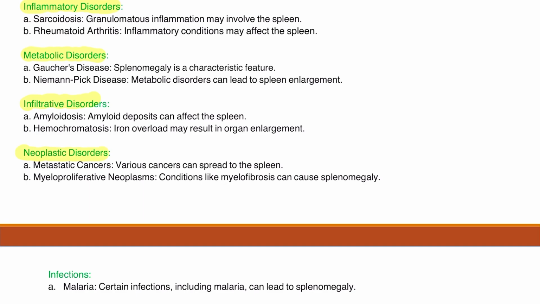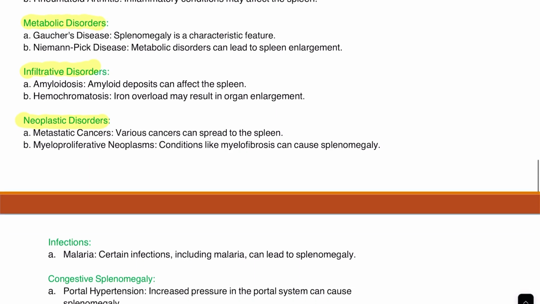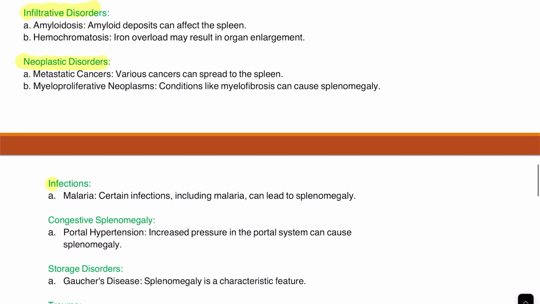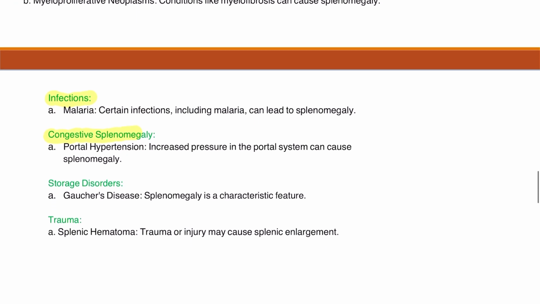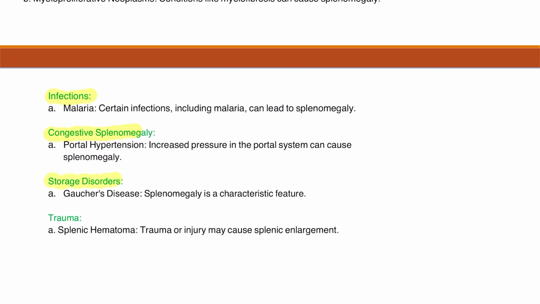Neoplastic disorders, metastatic cancers, or myeloproliferative neoplasms like myelofibrosis can cause splenomegaly. Infections like malaria. Congestive splenomegaly is another group: portal hypertension increases the pressure in the portal system and can cause splenomegaly. Storage disorders like Gaucher's disease, and trauma: splenic hematoma from injury may cause splenic enlargement.